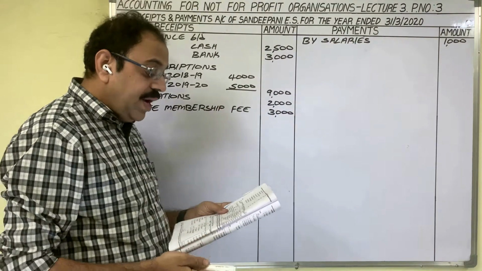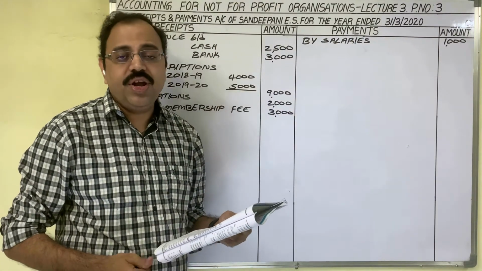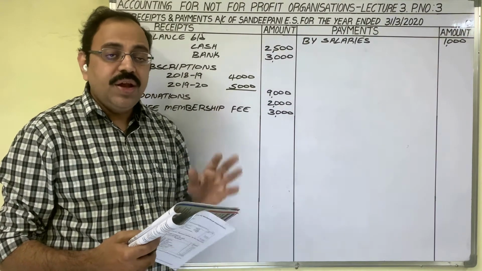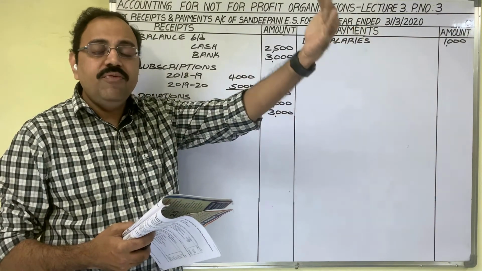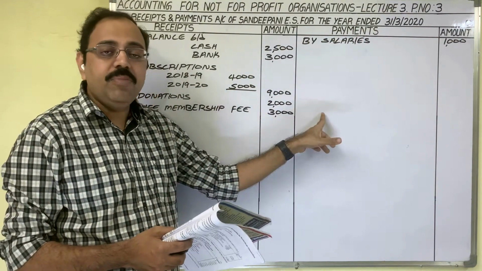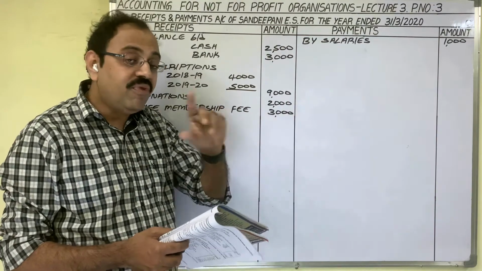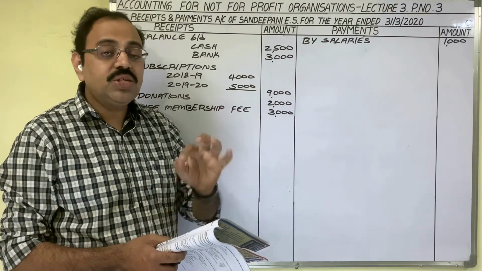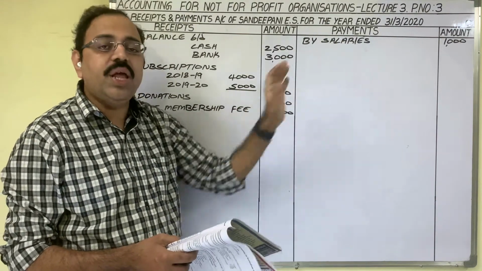Next one, rent paid in advance, 1,500 rupees. Rent paid in advance means next year rent we have to pay, but we paid that amount in current year only. So in the receipts and payments account, we consider only one point: in which year money is going. If it is going in current year, we show that amount.